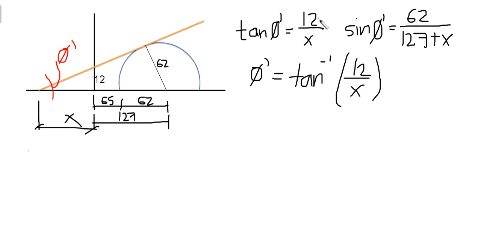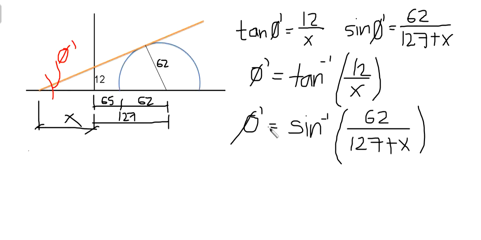So, looking at our equation 1, phi prime is equal to the shift tangent of 12 over x. And then yung ating equation 2, phi prime is equal to shift sine of 62 over 127 plus x. So, solve these two equations simultaneously, makukuha natin yung value ng ating x, which is 27.36.